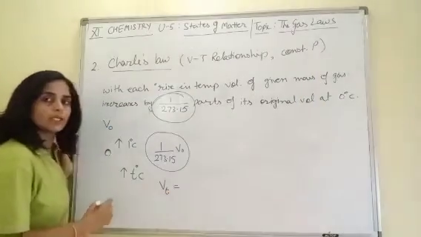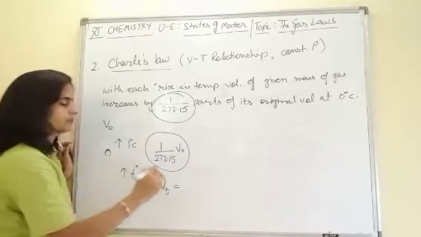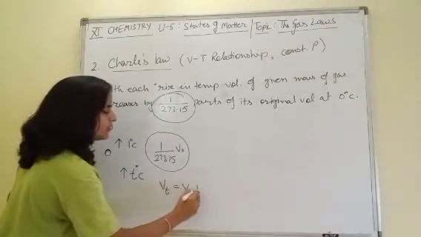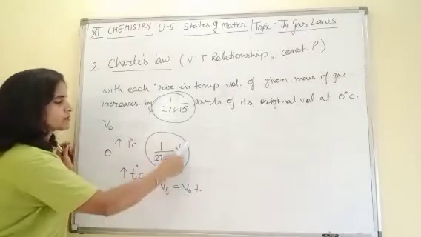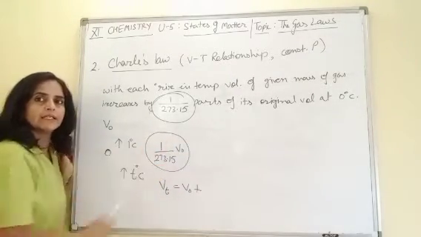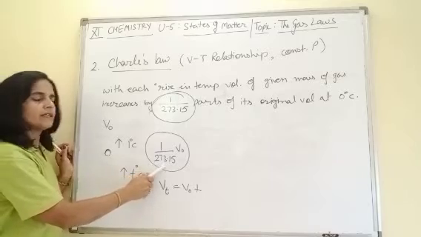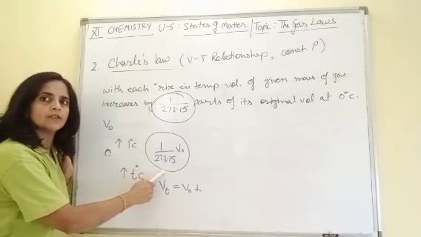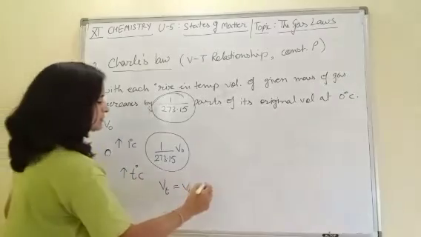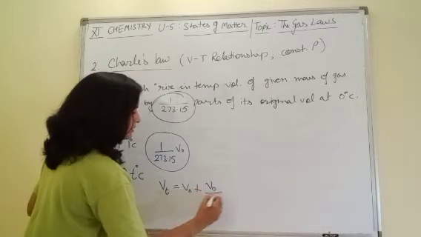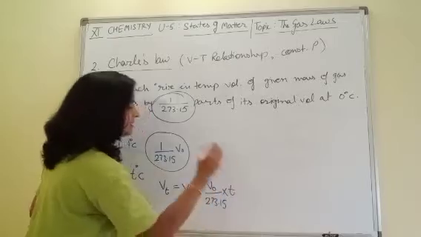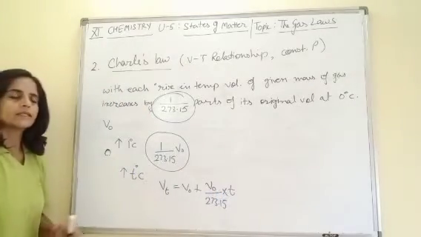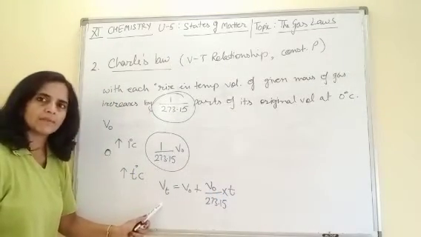Vt is equal to the initial volume, that was V0, plus the increased volume. This much part is multiplied by the temperature, because for every degree this much increase is observed. So V0 upon 273.15 into the rise in temperature. This is the final volume the gas becomes.